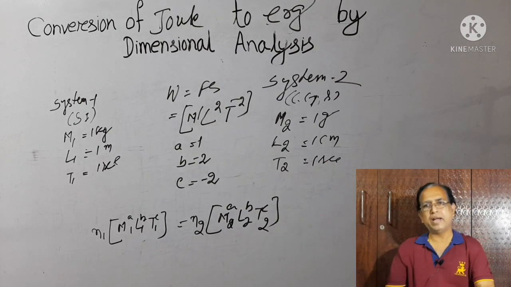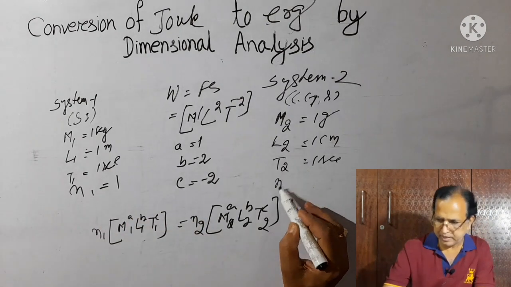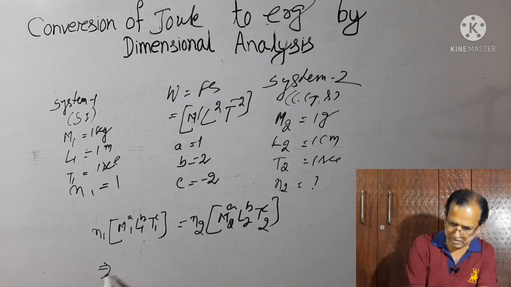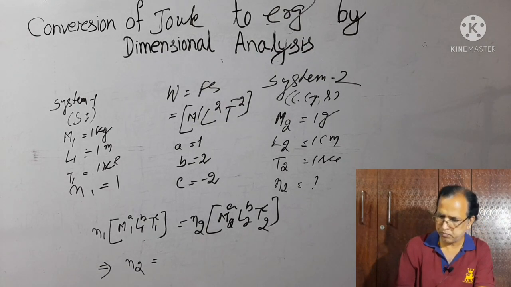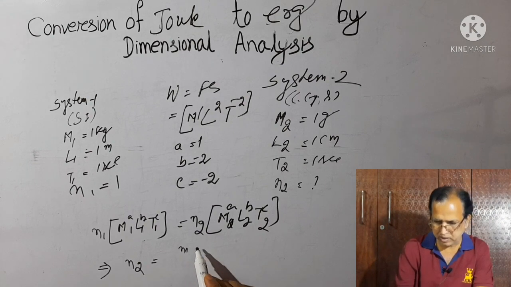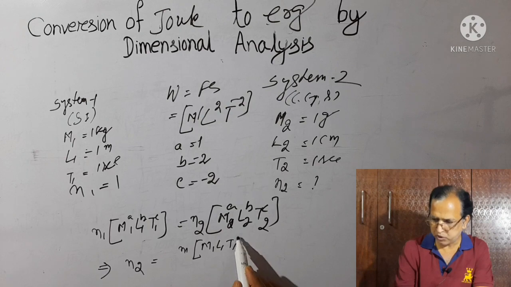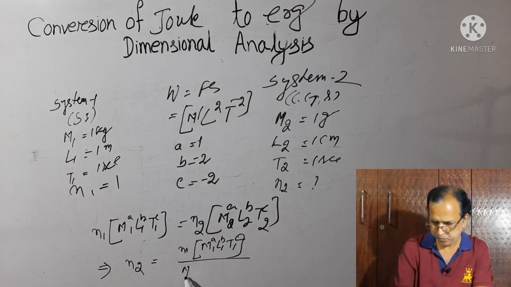N1 is equal to 1, N2 is to be found. So N2 is equal to N1 M1 L1 T1 to a, b, c by M2 L2 T2 to a, b, c.